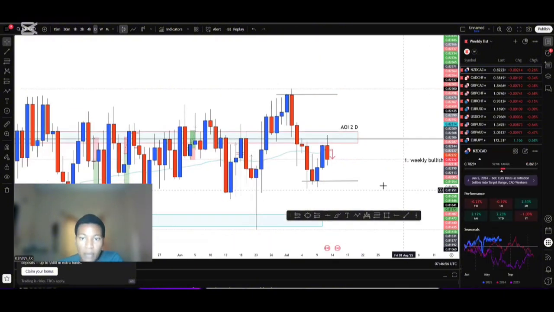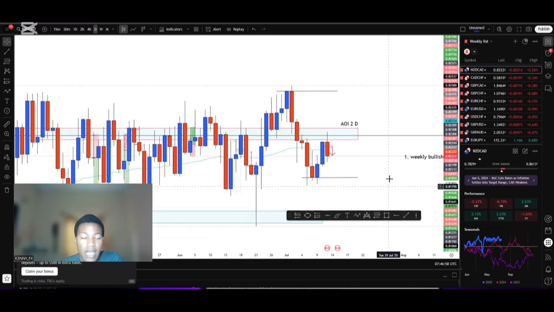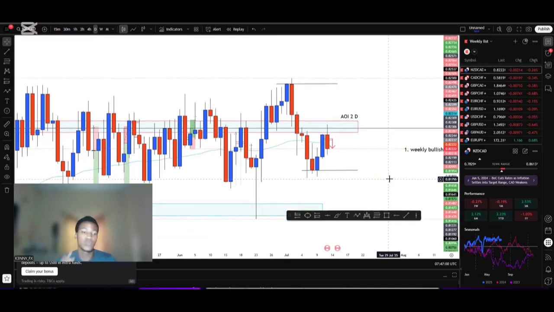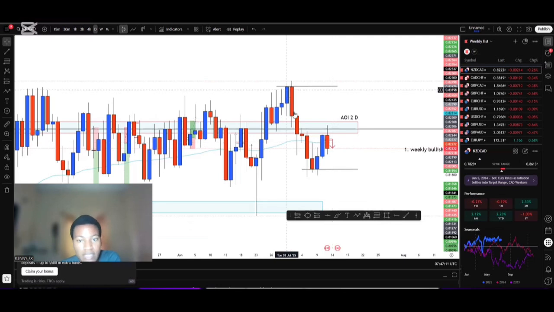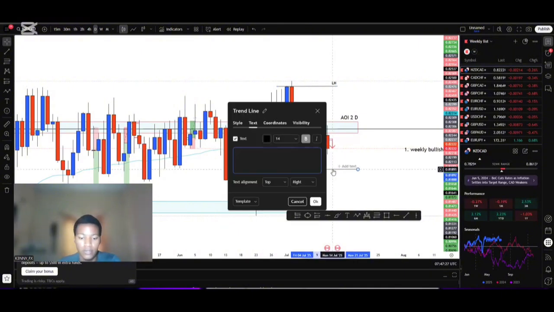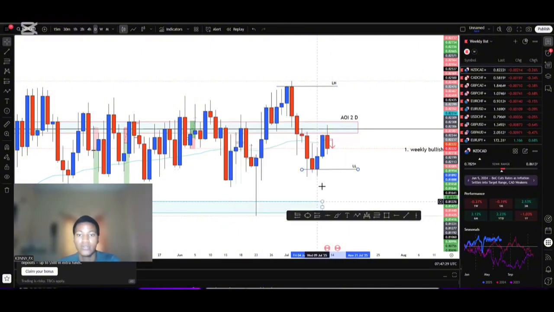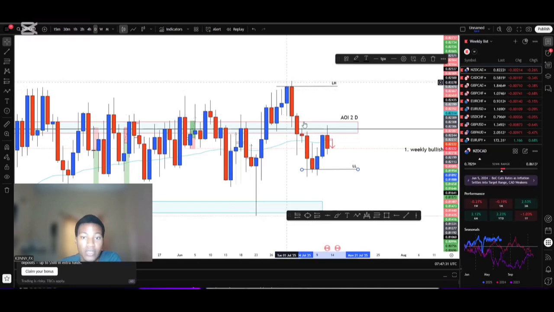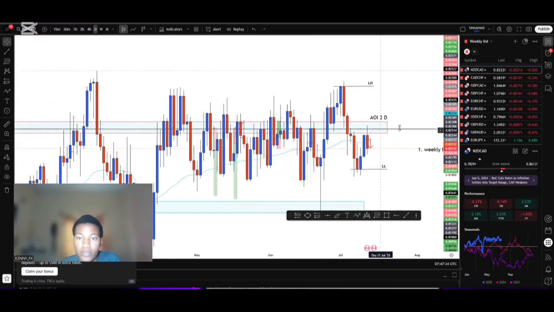Remember, I said to mark up an area of interest, we have to choose a zone that makes the most sense from the range of the higher high and the higher low, or the lower high and the lower low. So this is the range, this is the lower high, and this is the lower low. So we are looking for a range to sell within this range.